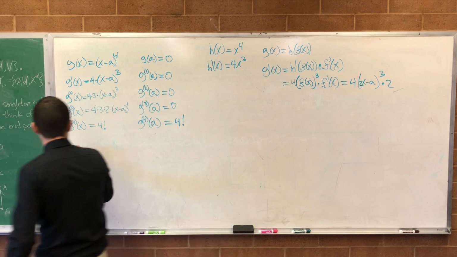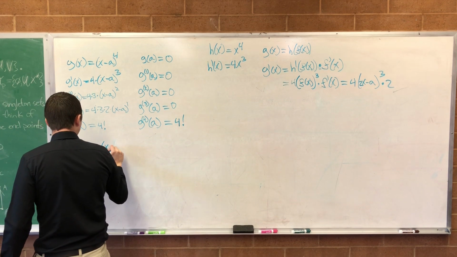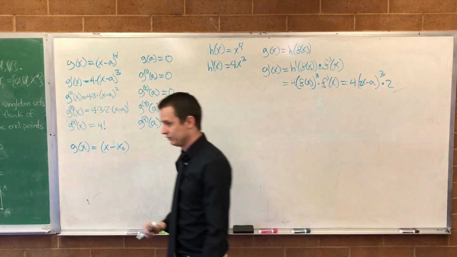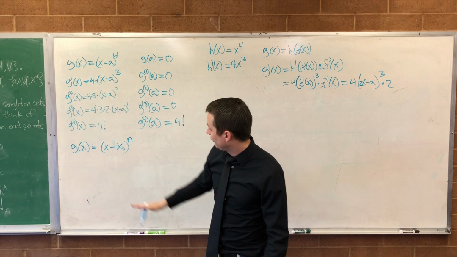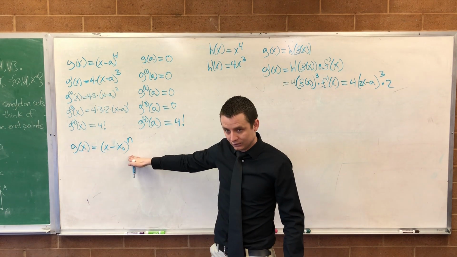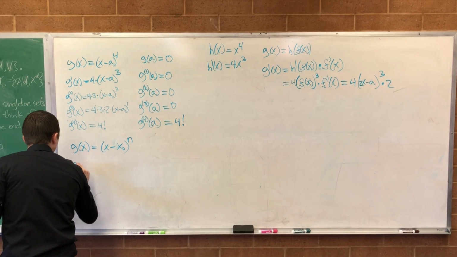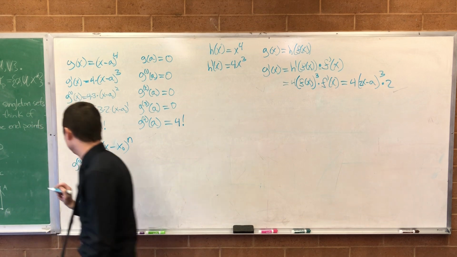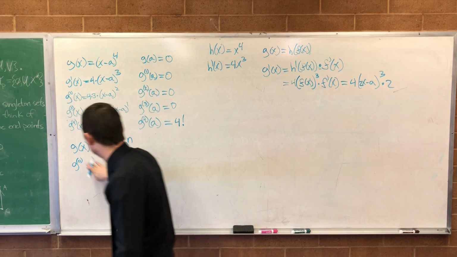And in general, if I would have let g of x equal x minus x naught, this time I'm going to use x naught instead of a, don't get confused, that's just to prep you for the proof, to the n. So if I would have had g of x equal to this thing, one way we can think about g is when I put a 0 in there, that's just g, the 0th derivative. So that's another way to write g.